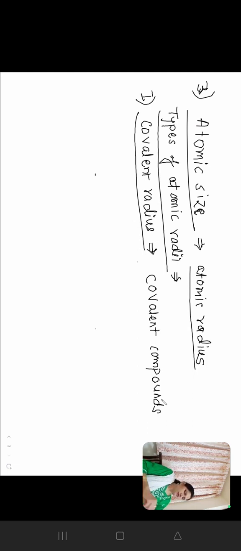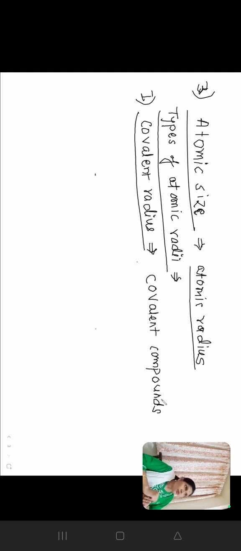Now here you have to understand a very important thing: measuring the radius of a single atom is very difficult because it doesn't come in the visible wavelength. Therefore we can't measure the radius of a single atom.